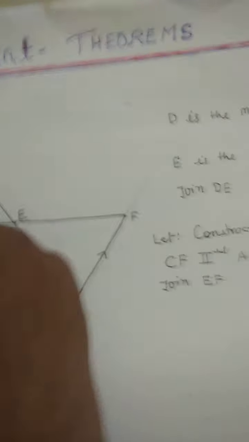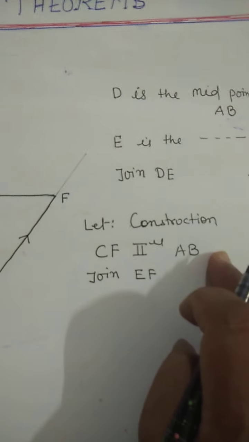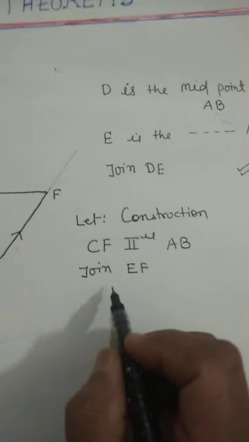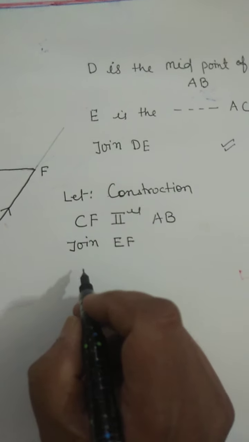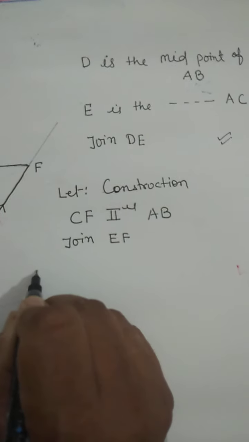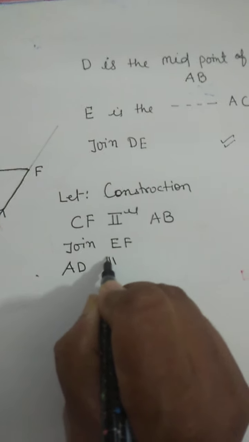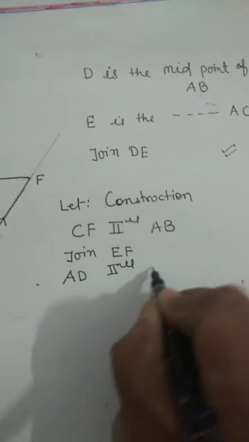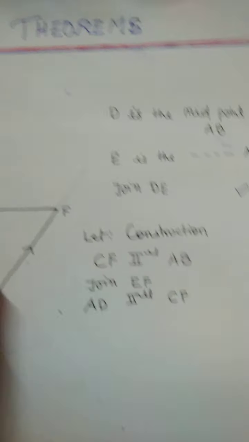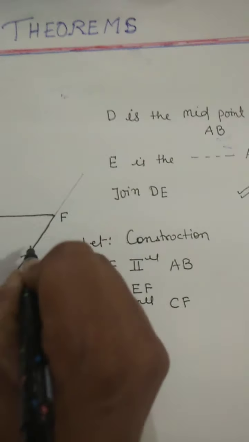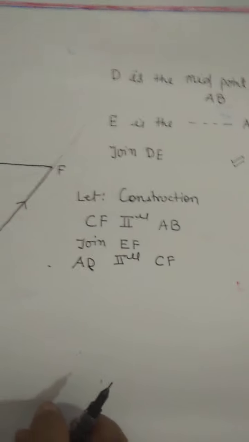So AB and CF are parallel, so we can say AD is parallel to CF. A part of a parallel line is always parallel.